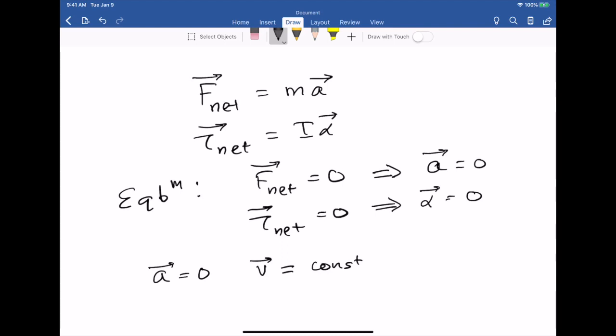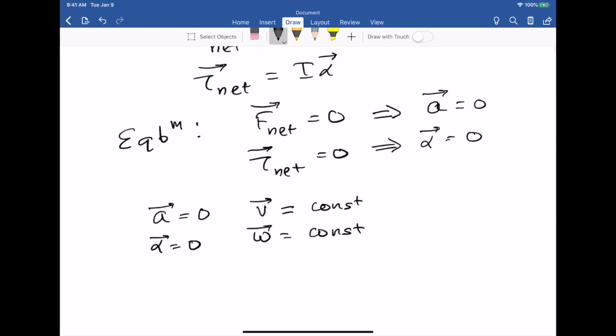So the object could be at rest or it could be moving with a constant velocity. Both of these are possible. And the angular acceleration being 0 means omega is constant. That could mean that the object is not rotating, or it's rotating with a constant omega. Both of these are possible.